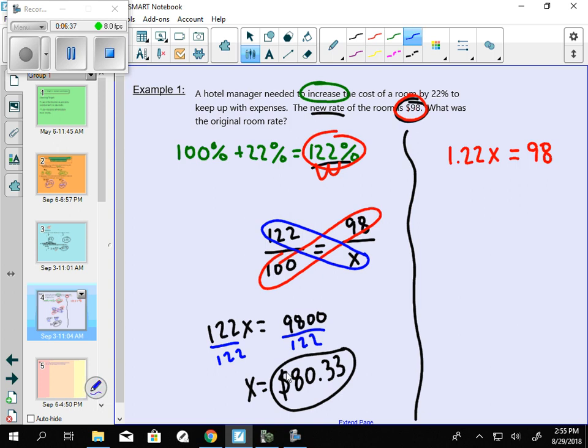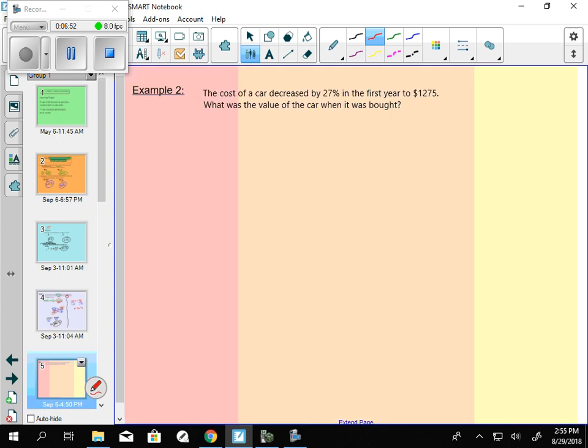Again, dividing, you can get the same answer. If you divide that out, that comes out to be the same answer of 80.33. So that's another way. If you like that way, by all means use it. I think most people like the proportion way, but you can do whatever comes better to you or you understand better.